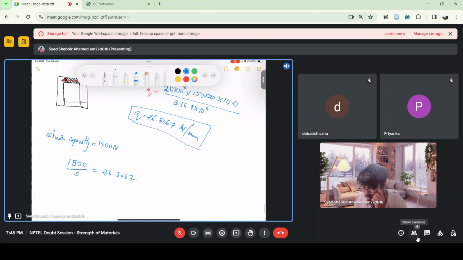You can see that if I increase the spacing, the shear flow capacity decreases. If S increases, the value of shear flow decreases, so that is not favorable. This is the capacity of shear flow, and this is the shear flow due to the applied load.